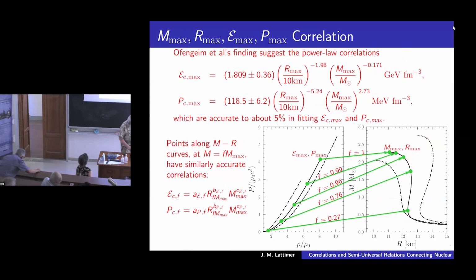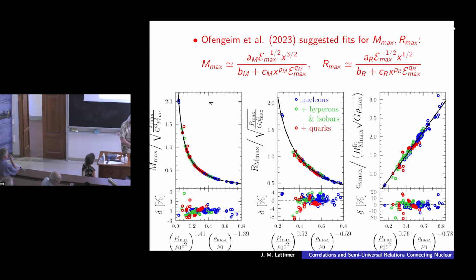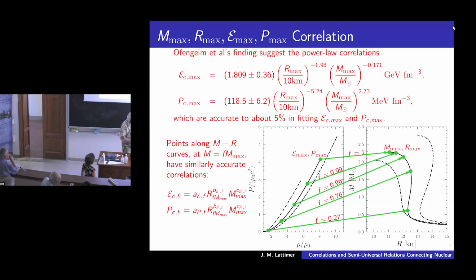So we took several hundred equations of state and refit this correlation. And so we find that the energy density can be written in this way. So you see the 1 sigma uncertainty is about 5% in both energy density and pressure from a measurement of the maximum mass and radius.